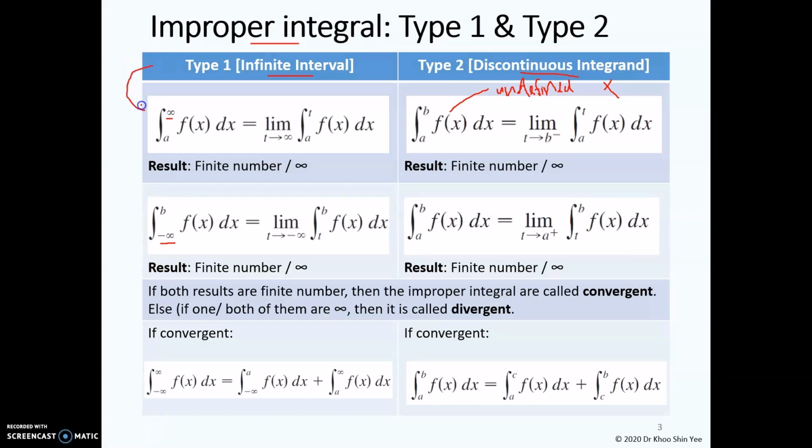For the first type, you might have the infinite limit at the upper limit, or at the lower limit, or at both. So to check these three integrations, whether they can be solved or not, you can follow these three approaches.